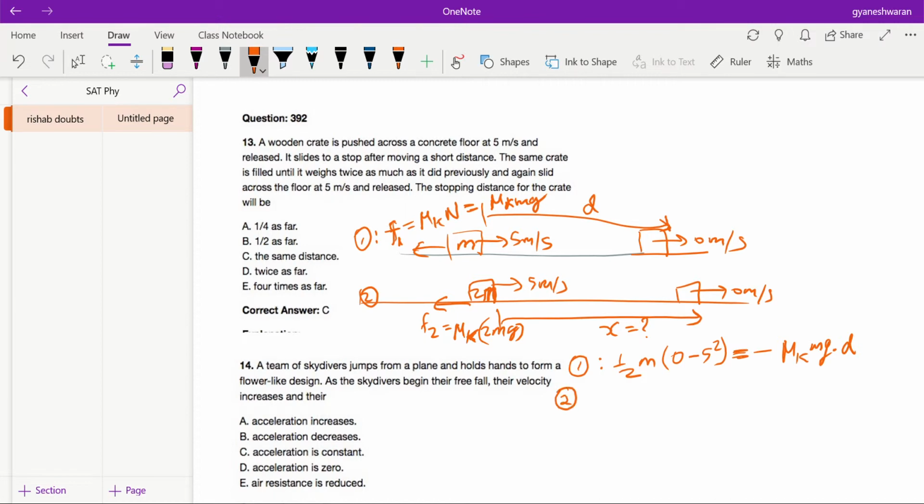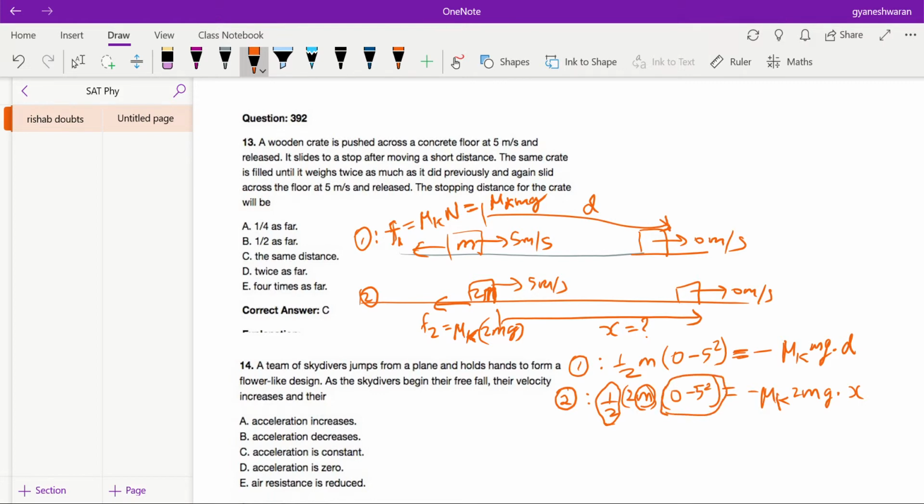Now for case 2, the change in kinetic energy is half into 2m into v square minus u squared, which is equal to minus mu k into 2mg into x. Now half m into 0 minus 5 square is present here also, and that is supposed to be minus mu k mgd.